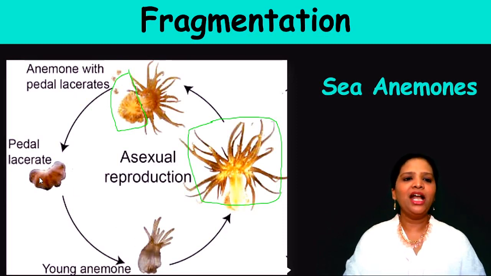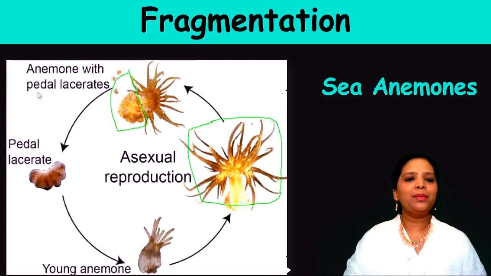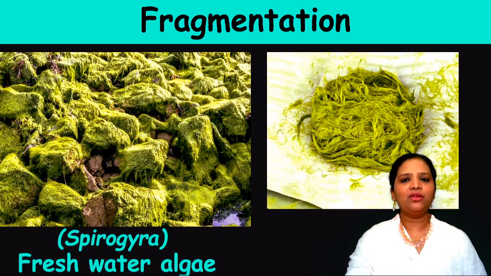The separated part of the sea anemone is called the pedal lacerate. From the pedal lacerate, the young anemone develops. So this is one example of fragmentation.